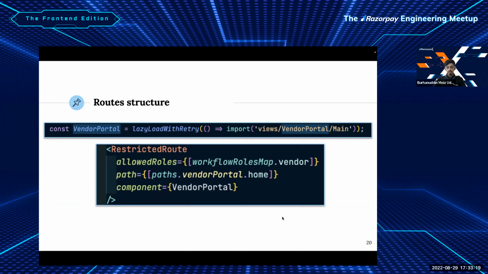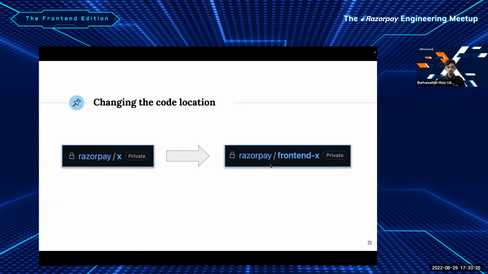Like I told you, we want to break down our code base into smaller pieces. We already had a monorepo, which is frontend-x. So we moved the vendor portal code base from X to our monorepo frontend-x since it made much more sense. Later you'll see why a monorepo really helps you when building a micro frontend.